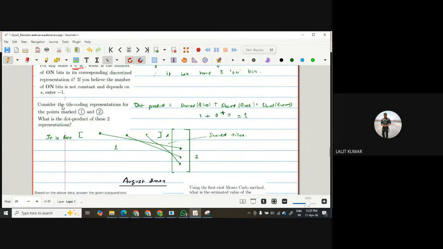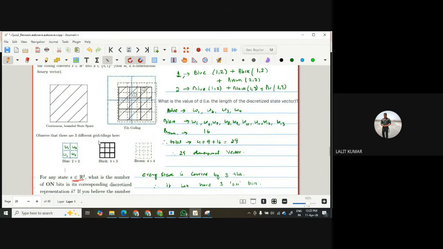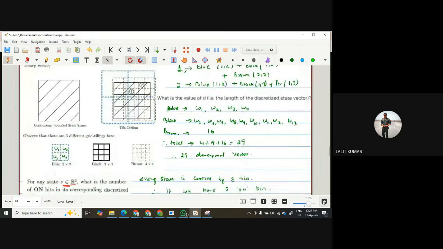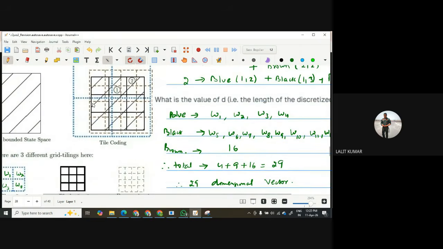Now consider the tile coding representation for the points marked 1 and 2. What is the dot product of these two representations? So this I will just zoom in. So see 1 and 2. We have discussed that 1 and 2 will have a dimension 29.